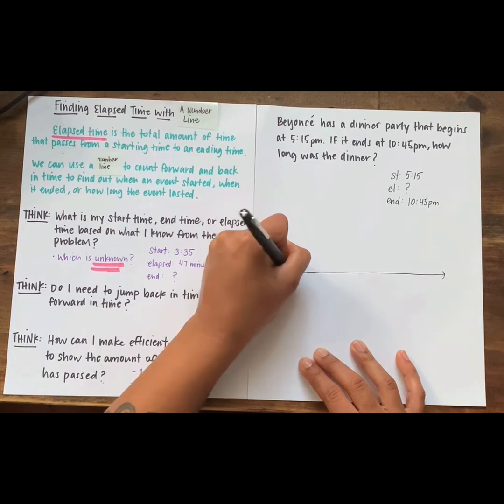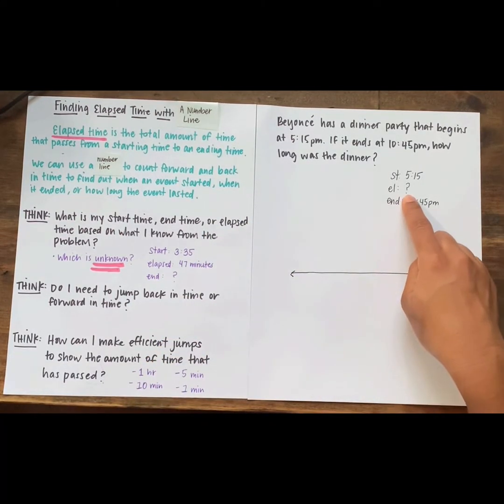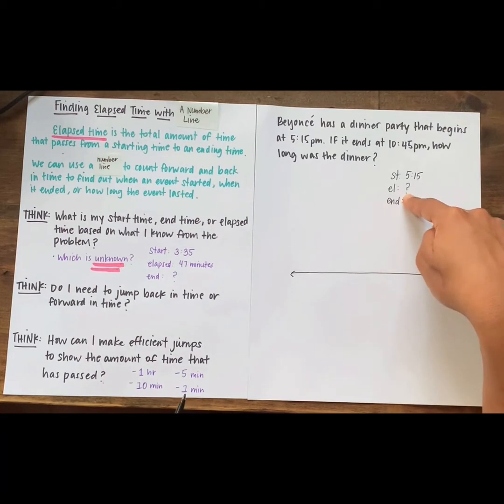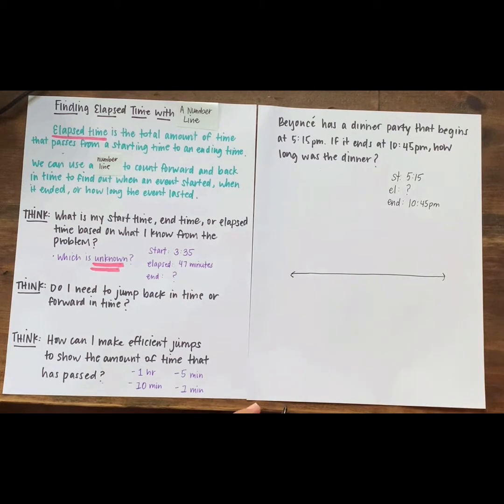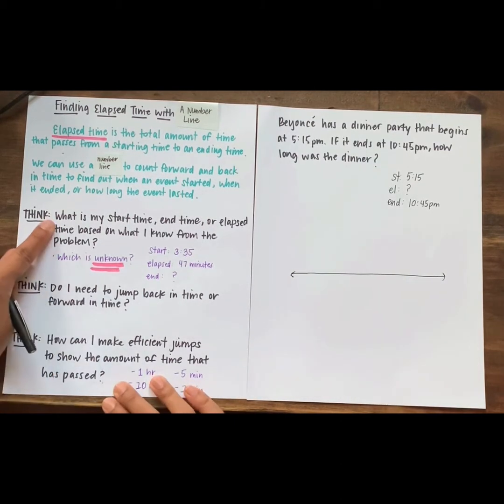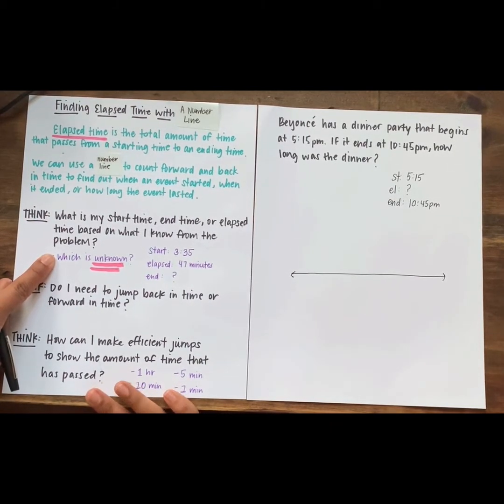This problem is different because we have to figure out the elapsed time, not the start or the end time. That's smart. We can solve for any of these, and we always need to think about the same things. What is my start time, end time, or elapsed time based on what we know from the problem? Specifically, which is my unknown, or which one am I solving for?